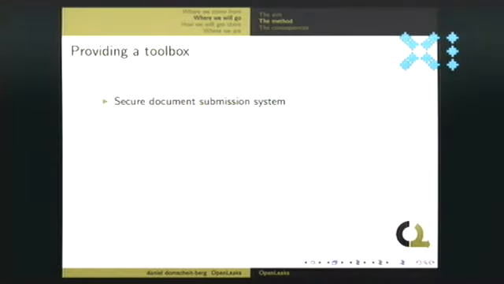So the second part is that we are building a toolbox, and I think I have to speed up a bit. We're building a toolbox, and the first part of that is a secure document submission system. This document submission system is what we all know as a leaking platform today, and we're actually going to build multiple of these because we're going to adapt this flexibly to the needs of the partners.